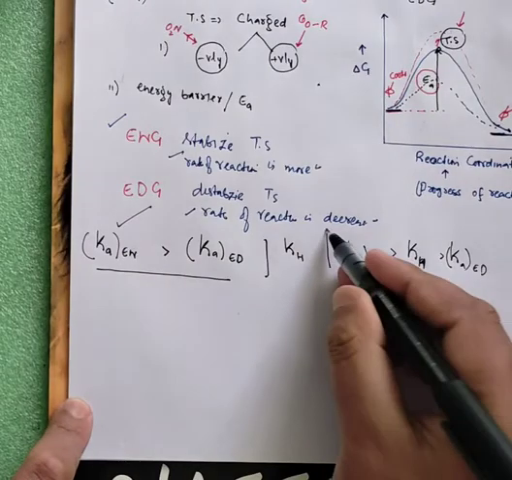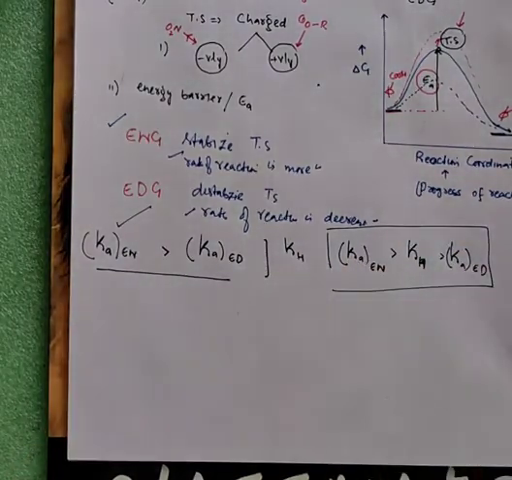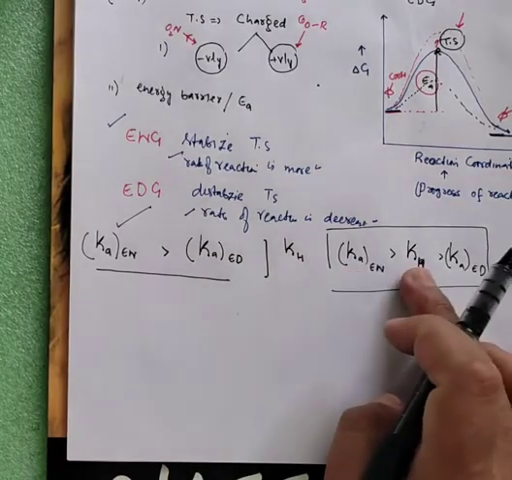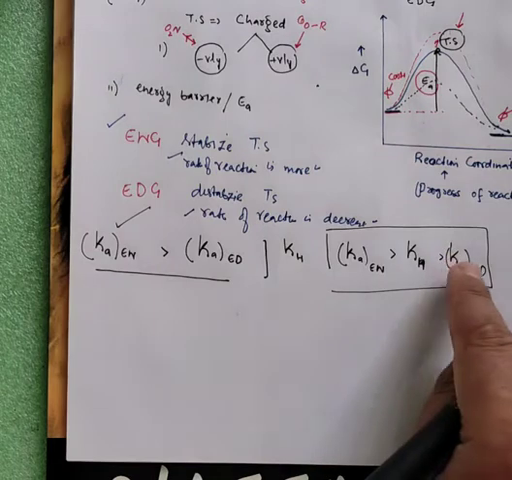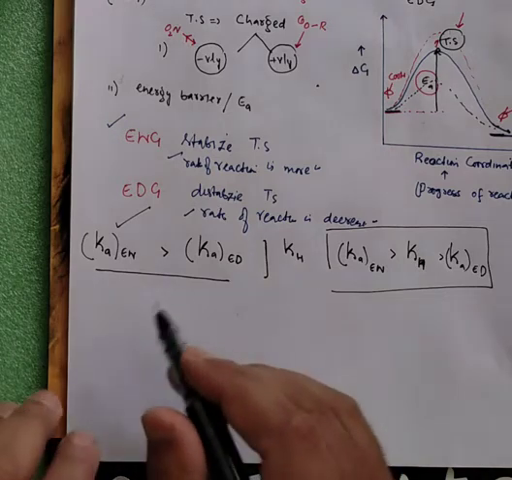So this is the order. Benzoic acid with meta and para substituents which are electron withdrawing is stronger than unsubstituted benzoic acid. This is our question. Now we'll do something like this.